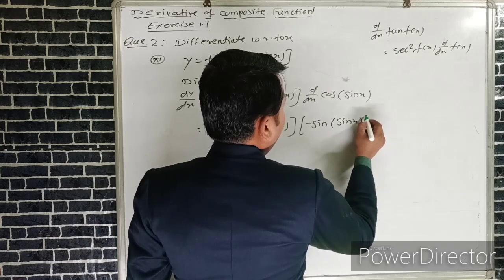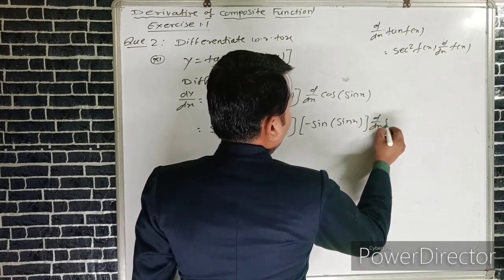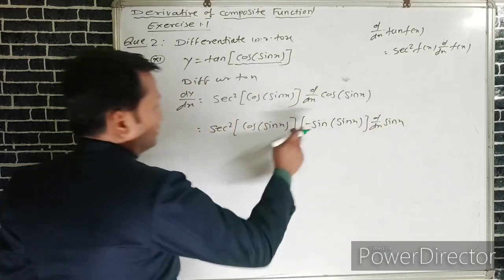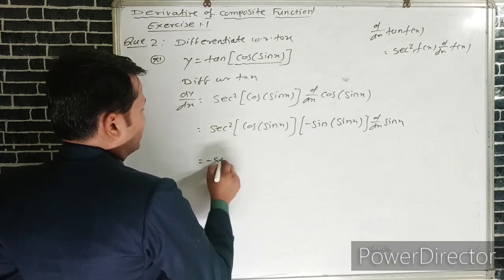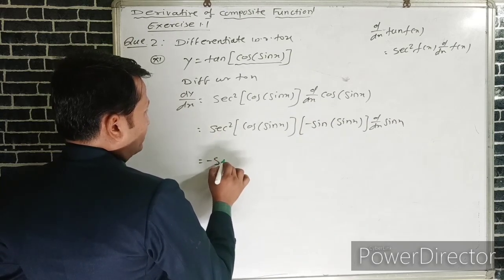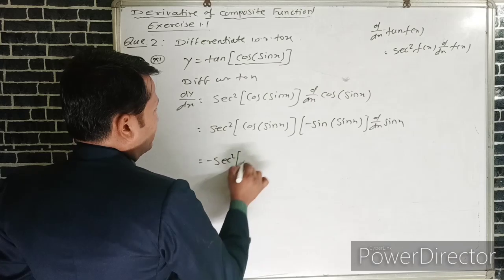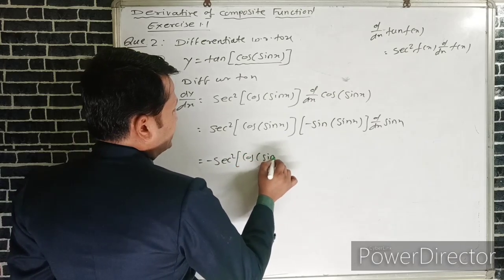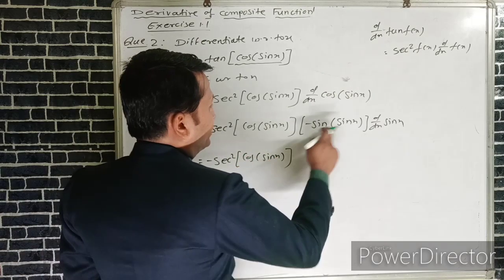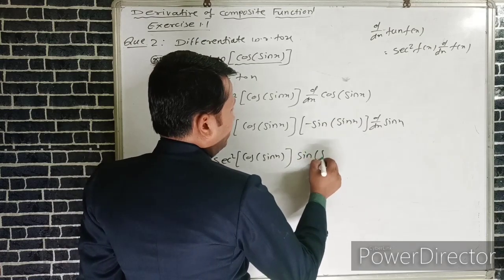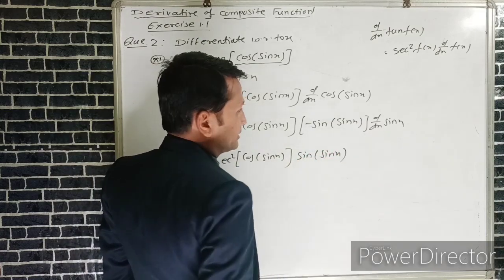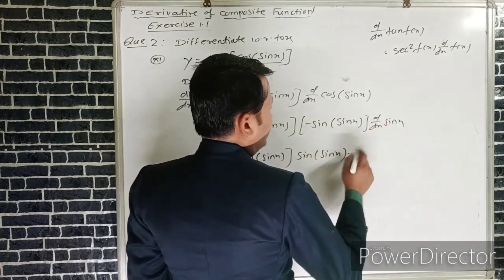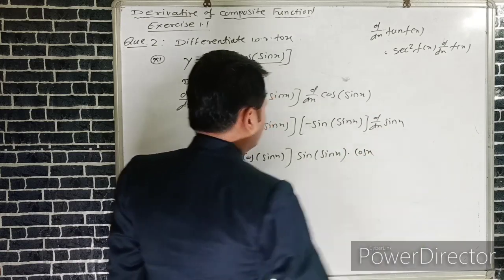We take again a derivative of sin x. This minus sec square cos of sin x as it is into sin of sin x, and again the derivative of sin x is cos x.